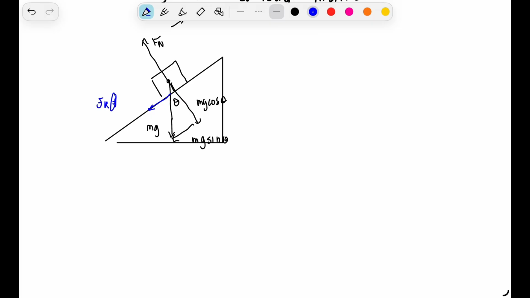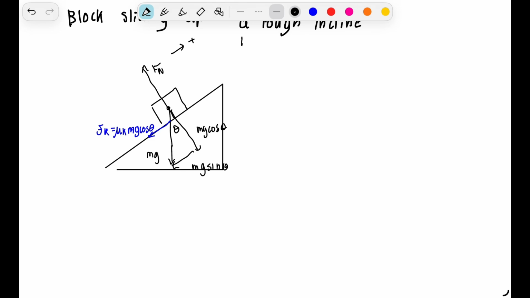This is going to be mu k mg cosine theta. So let's take our normal force, that's mg cosine theta. You have summation of forces in the parallel direction, ma. You have negative mg sine of theta now because it's the other direction.